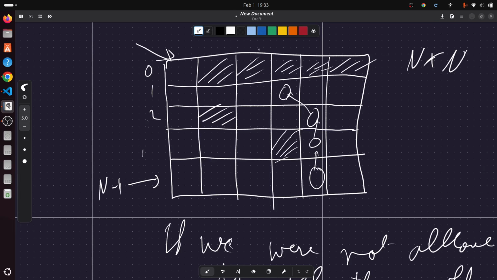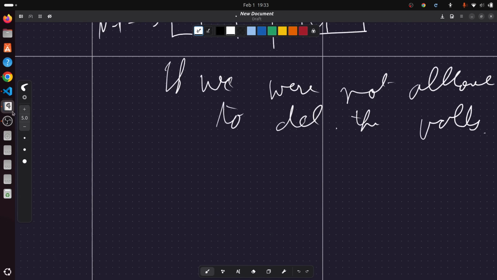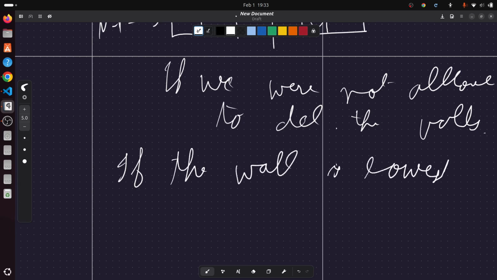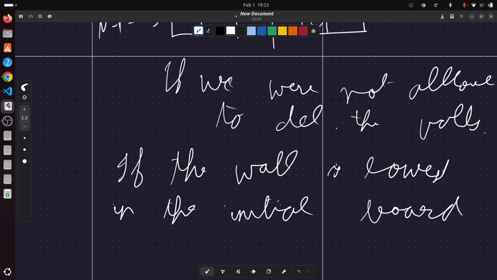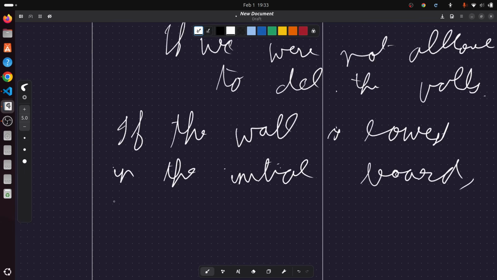So actually what you can think about is that, okay, I know that if the wall is lowest in the initial board, then it is definitely breakable.